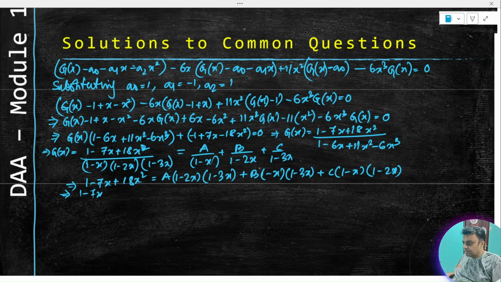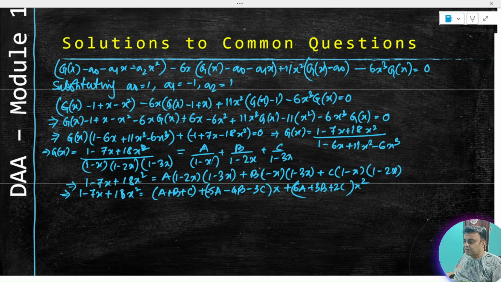1 minus 7x plus 18x square is equal to a plus b plus c plus minus 5a minus 4b minus 3c x plus 6a plus 3b plus 2c x square. This is what you will get.